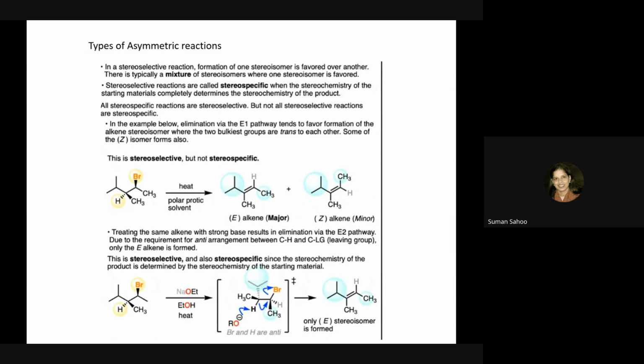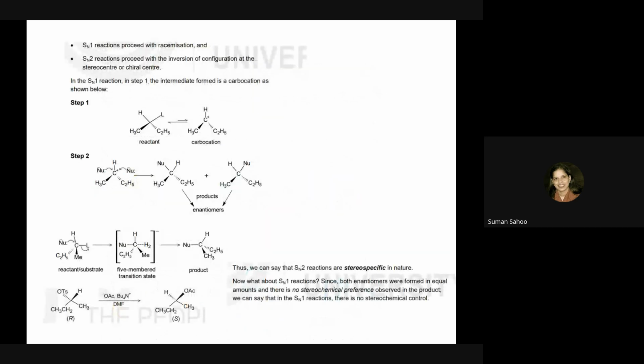For example, in this elimination reaction, we are going to get E alkene and Z alkene. But in case of the SN2 reaction, that is entirely stereospecific.